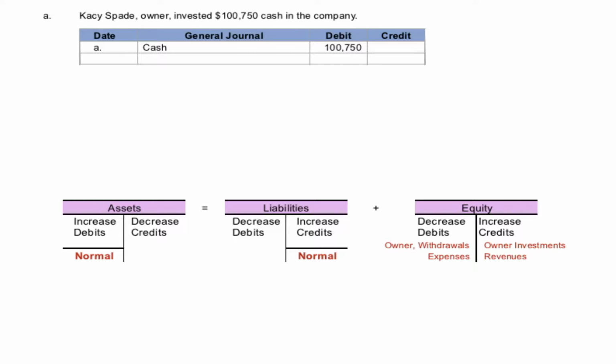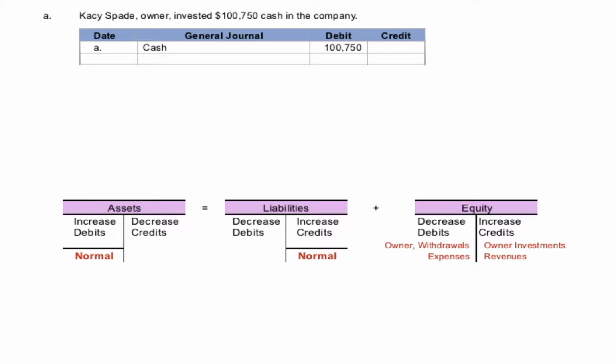So if you remember what equity is, I said that equity is what's left over when you turn all of your assets into cash, you use those to pay off your liabilities, and whatever the owner has a claim on, whatever they can put in their pocket after all of that's done, is equity. So in this case, all we've done so far in this company is add cash to the company's bank account. There are no liabilities yet.